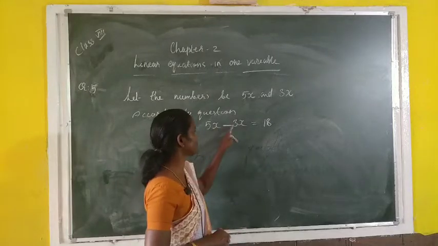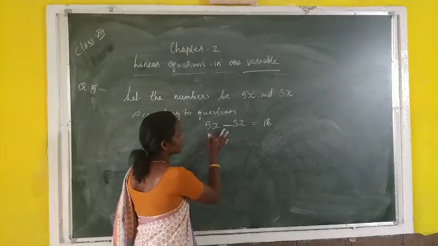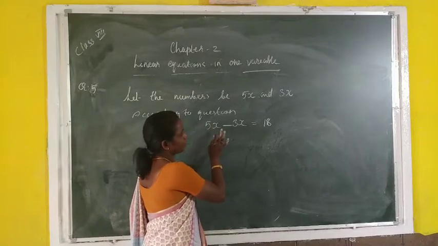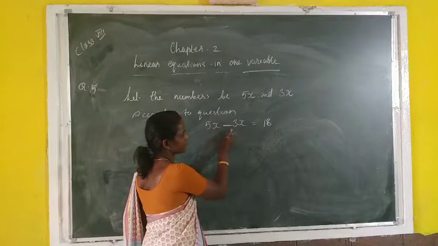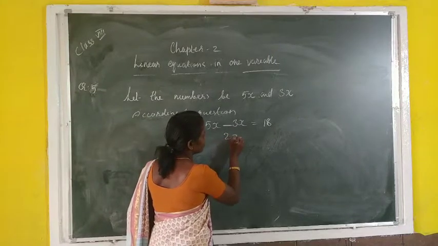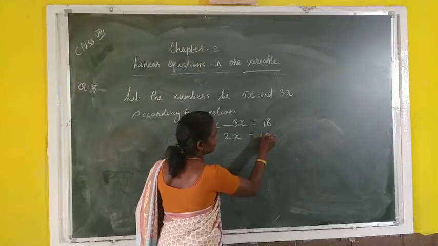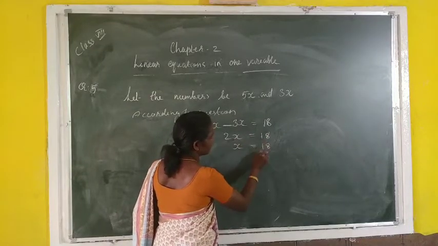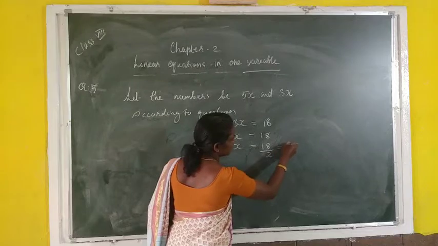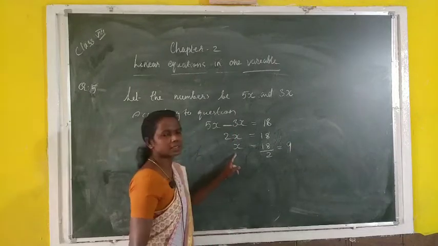Look, 5x minus 3x, what are the variables here? They are already on the left side. So 5x minus 3x, 2x is equal to 80. Then x is equal to 80 divided by 2, which is 40. So we get x.